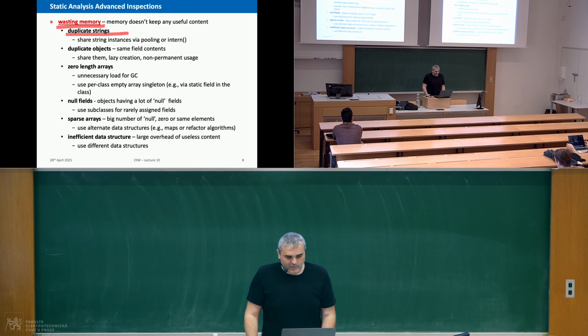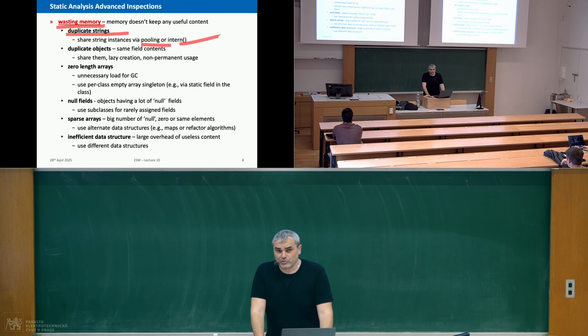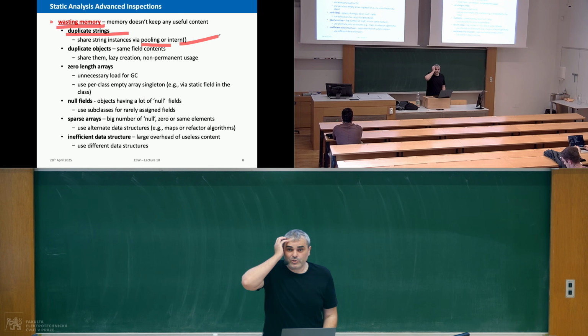For example, duplicate strings. Strings are immutable, and you may have a lot of string instances which contain exactly the same content. In such a case, you should consider pooling or interning. Intern is an internal feature of the virtual machine, which does the pooling of string objects based on their content.